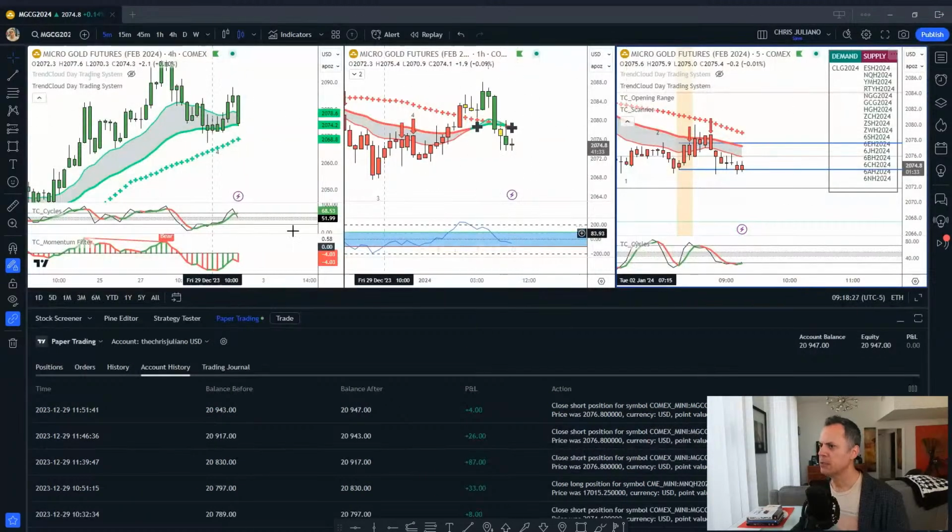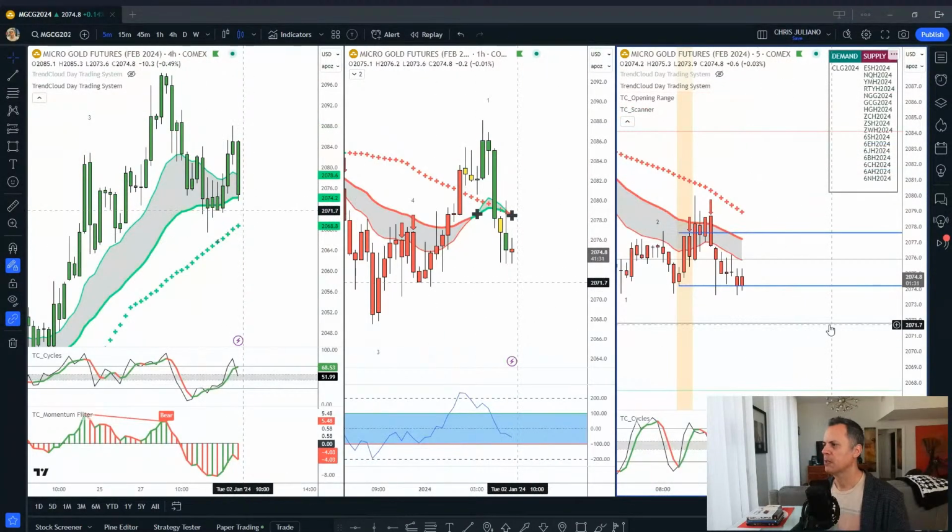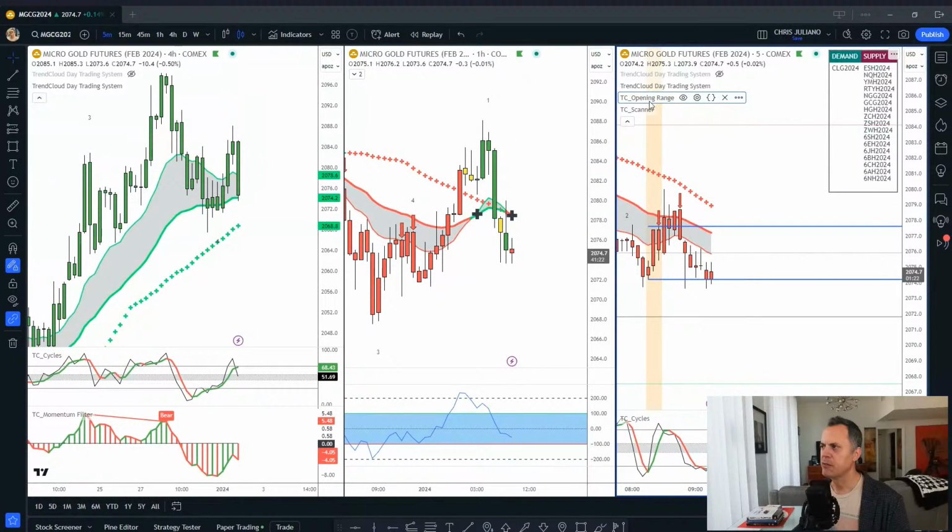All right. So what's going on here? Well, looks like it is trying to break out to the downside, right? And we love using the opening range breakout because it happens every single day, right? It happens every single day.